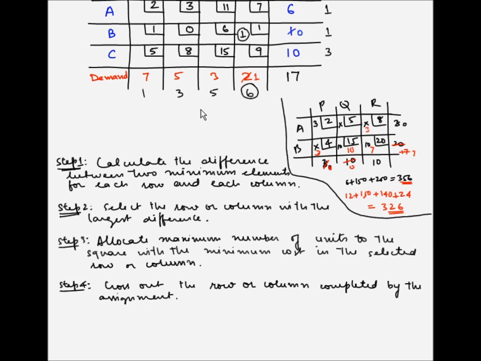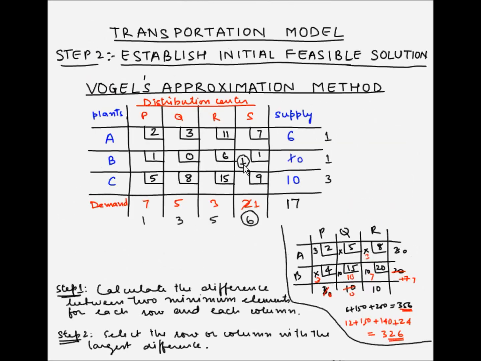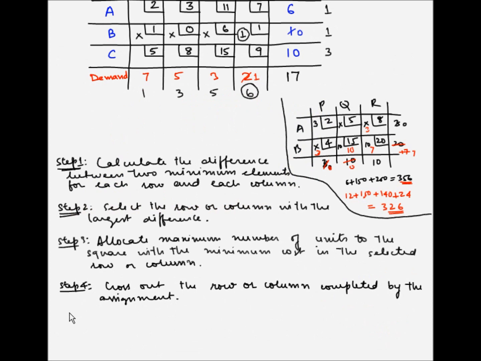So in this case, since we allocated 1 unit to the square BS, B has completely utilized its capacity of 1 unit. So now B cannot supply to any other distribution centers. So here we'll put a cross on the other squares for plant B. For S we can't put a cross for the remaining squares because there's still a demand of 1 which is unfulfilled. So now let's move to step number 5.